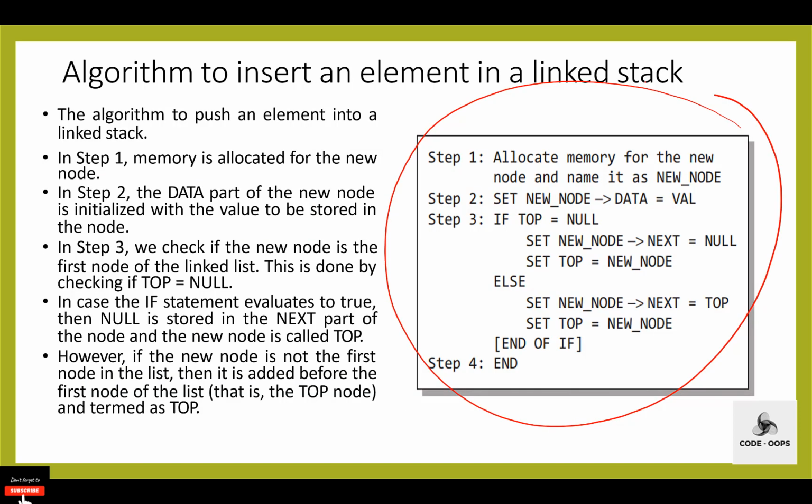This is a complete algorithm to push an element into a link stack. In step 1, memory is allocated for a new node. In step 2, the data part of the new node is initialized with the value to be inserted in the new node. Suppose we want to insert value 45.